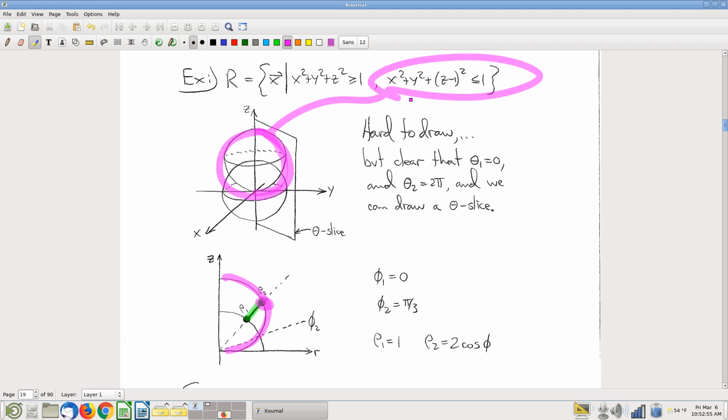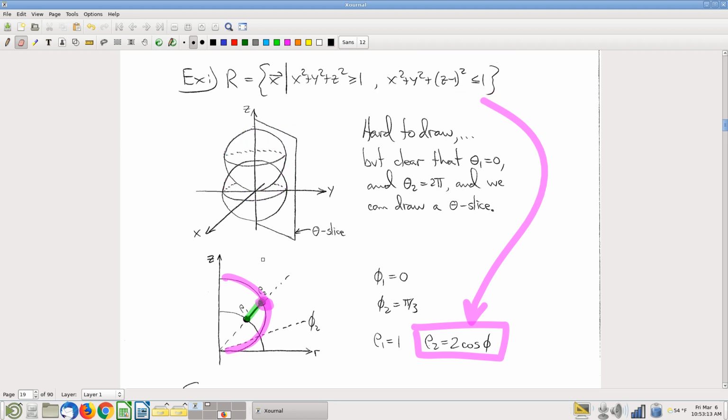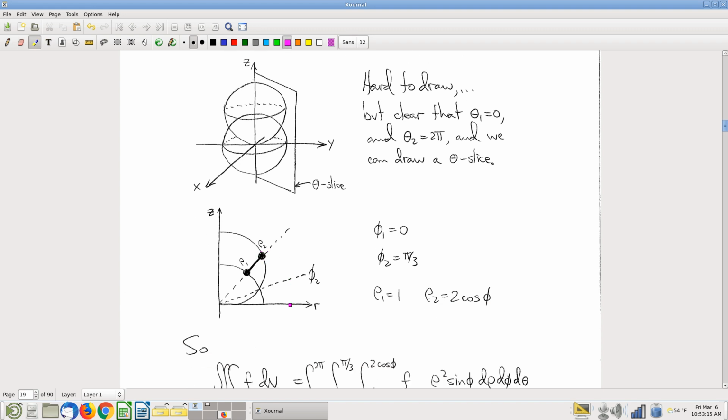Solve for rho. Now again, here's another one where you've got to do some algebra, right? You've got to write down the rectangular equation, convert it into spherical coordinates, and solve for rho. Details for y'all. But this is what you get for the upper bound for rho. Okay. And put it all together. Here's your integral.